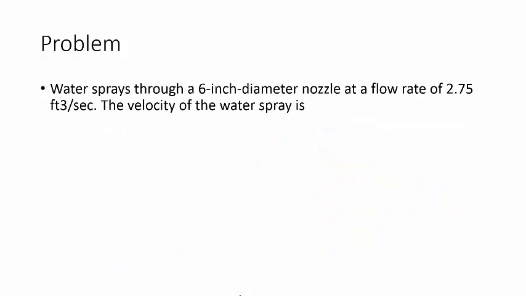I'm doing this one because it's kind of straightforward. You calculated it in other problems, but water sprays through a 6-inch diameter, so this is 0.5 foot. The flow rate is 2.75 cubic feet per second, and we want the velocity.